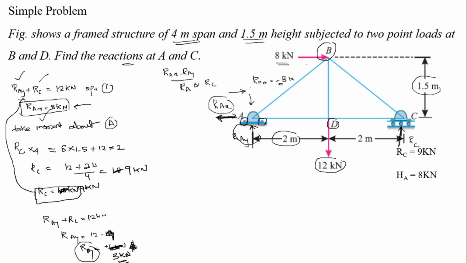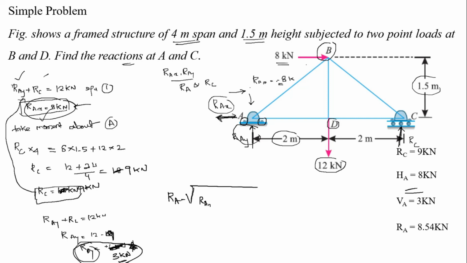Yes, H A is equal to 8 kilonewton, that is R A x. Then V A is equal to 3 kilonewton, that is R A y, right. Then the last one, R A, is equal to 8.54, right. If you want to calculate R A, what is the formula? R A is equal to the root of R A x square plus R A y square, right.